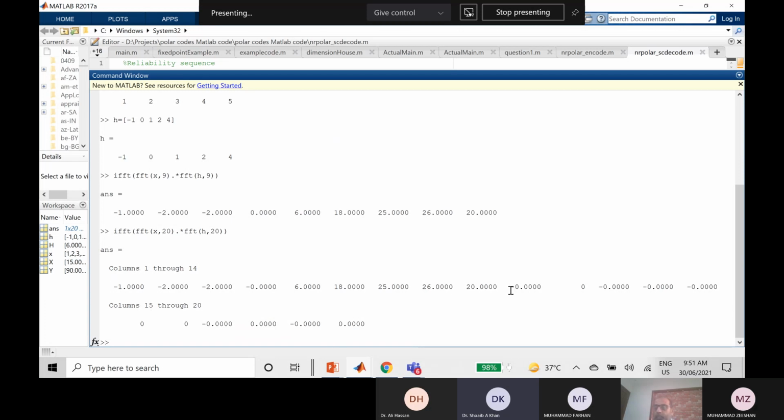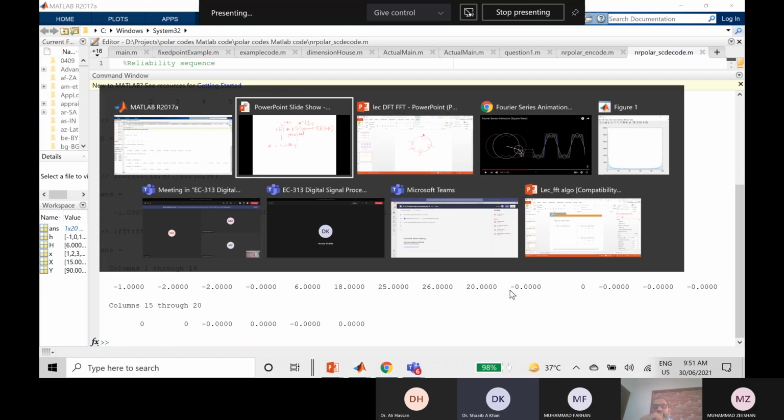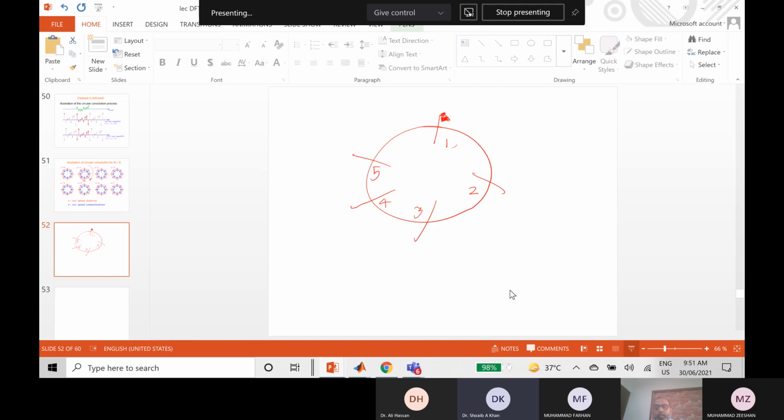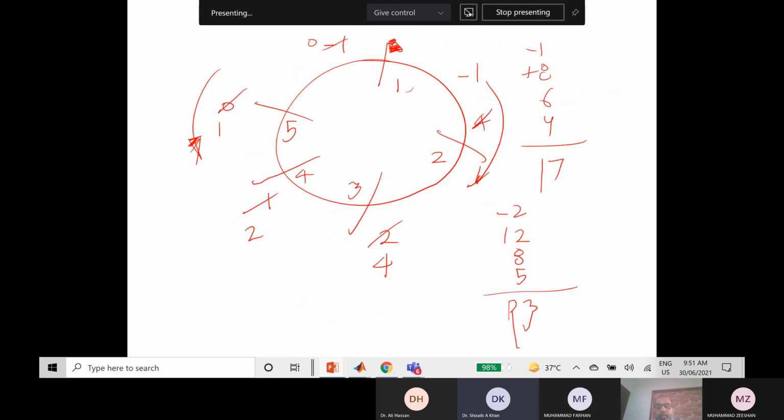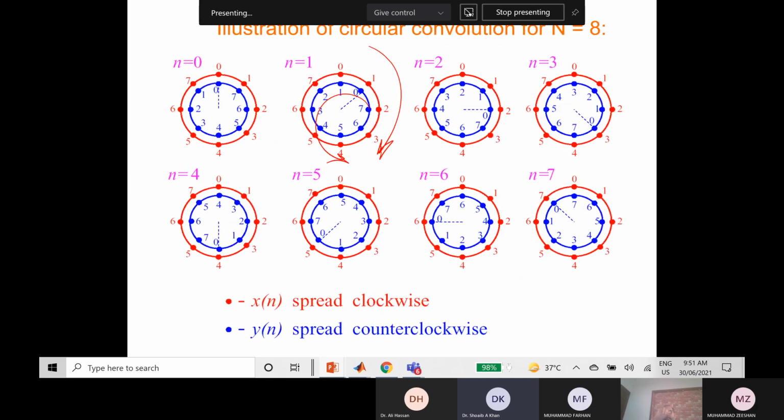सो दिस इज़ इम्पॉर्टेंट. ओके, दिस इज़ वेरी वेरी इम्पॉर्टेंट कि the property is very very important कि जो circular convolution वाली property है. And I have told you how to calculate circular convolution by drawing one signal clockwise and spreading the other signal counterclockwise, doing the point by point multiplications, adding the samples, getting the answer.